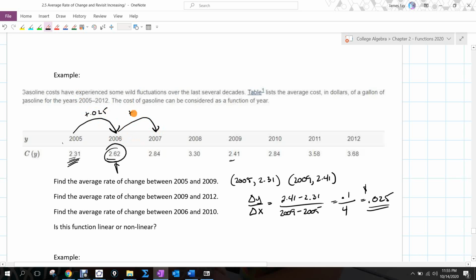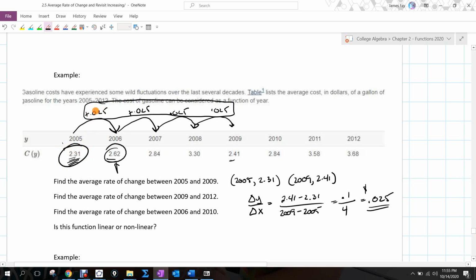add 0.025. So start at 2.31, add 0.025 to it, then add 0.025 to it, then add 0.025 to it, and then add 0.025 to it. And if you do that, how much did I add to 2.31?